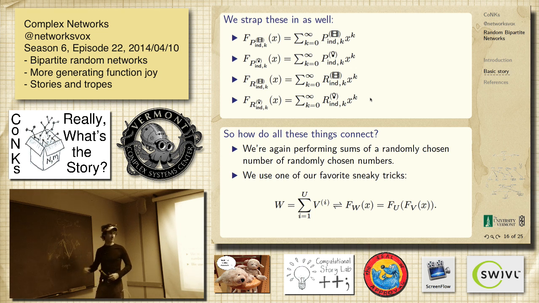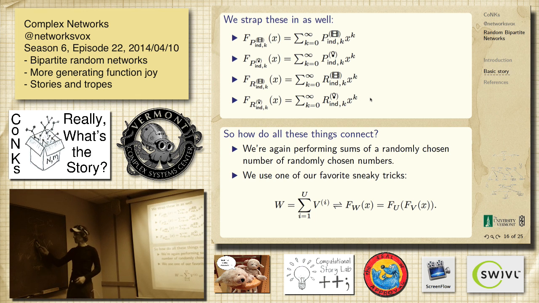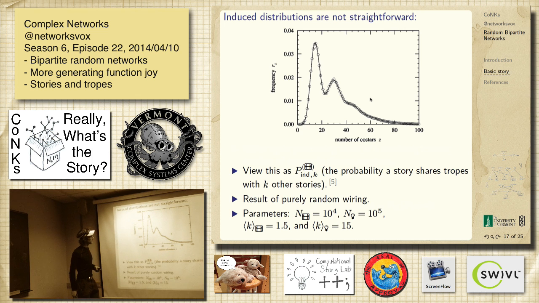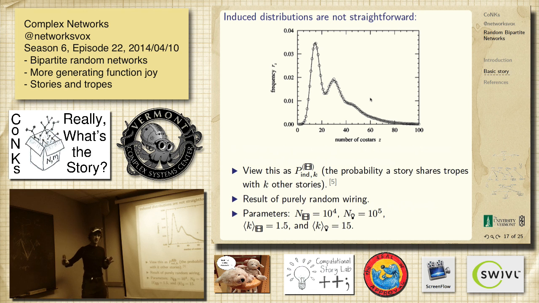So we'll say, okay, let's roll the special die that gives us the number of other tropes that a story has, and then for each trope, we roll the special thing that tells you how many stories it's part of, and add them up. So here's an example of the kind of somewhat unintuitive mess that you can get out of it. It's not a disaster, but it's not really obvious a priori what these distributions might look like.